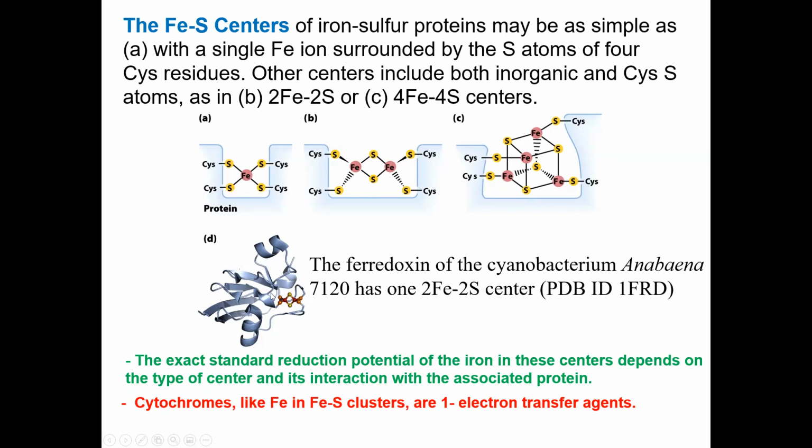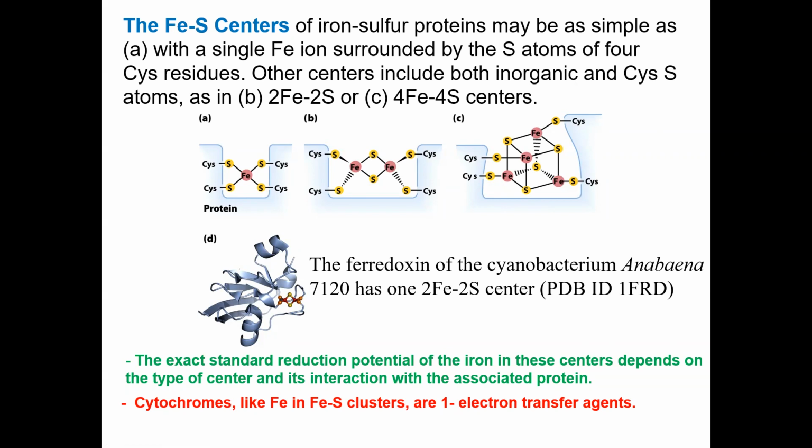Just to show you a structure, this protein is called ferredoxin, which is a 2 iron 2 sulfur protein. This is an actual crystal structure, and if you want, you can type the code 1FRD in the PDB data bank, rotate it, and see that indeed it is a 2 iron 2 sulfur protein because you have 2 inorganic sulfurs bound to it.